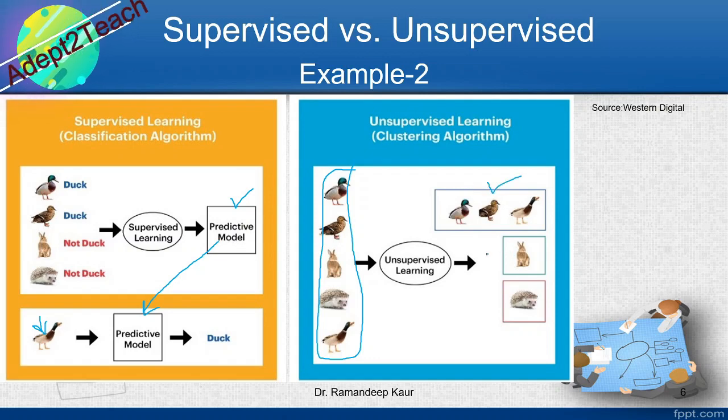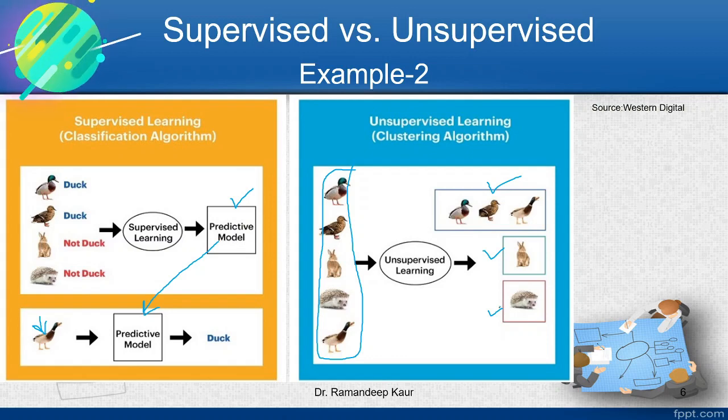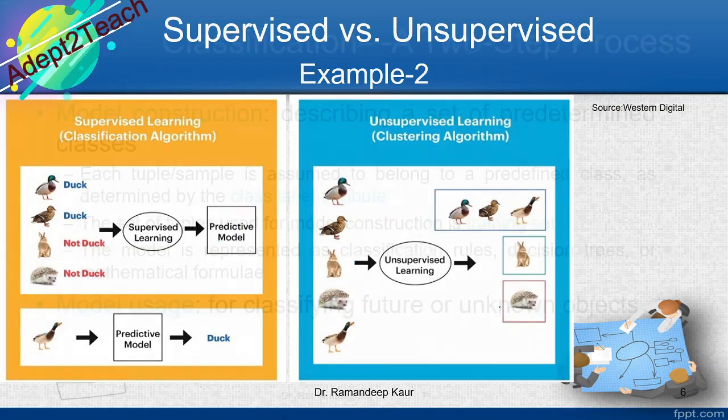Then this other group, having a different set of features, becomes another cluster, and this another group with different features, another cluster. So rather than giving the output duck or not a duck, it is classifying on the basis of similarity of the organism or item. No previously existing predictive model is working here.